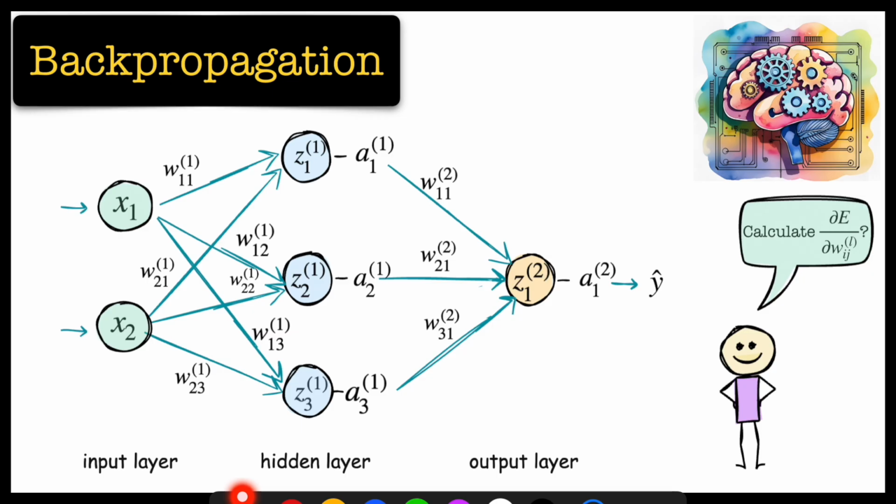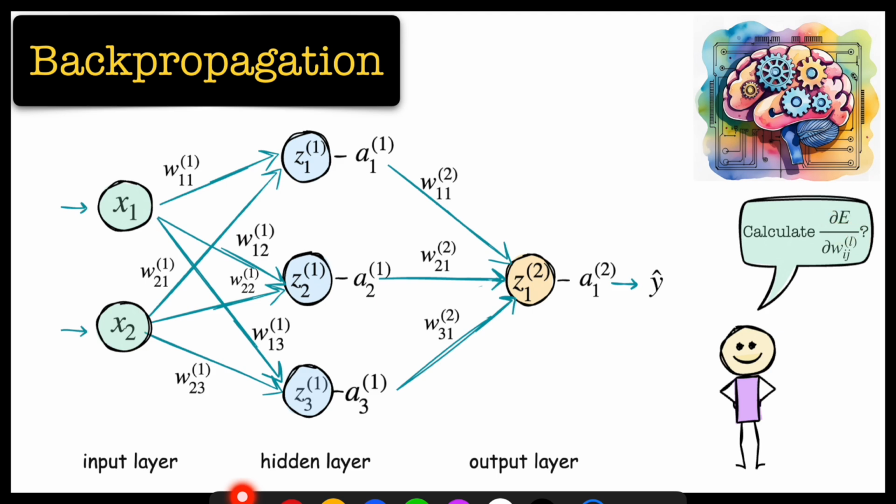Now we'll see how we apply this chain rule in our case. This is the neural network we have, and we have to calculate del E del W1JL for each weight. How do we get the error E first?